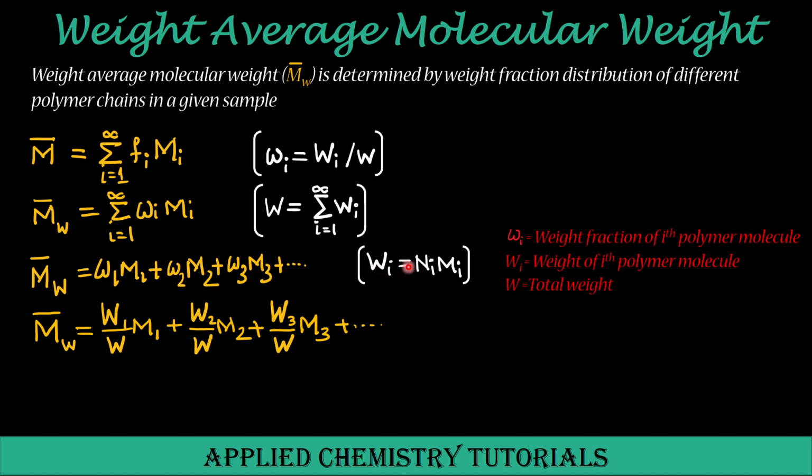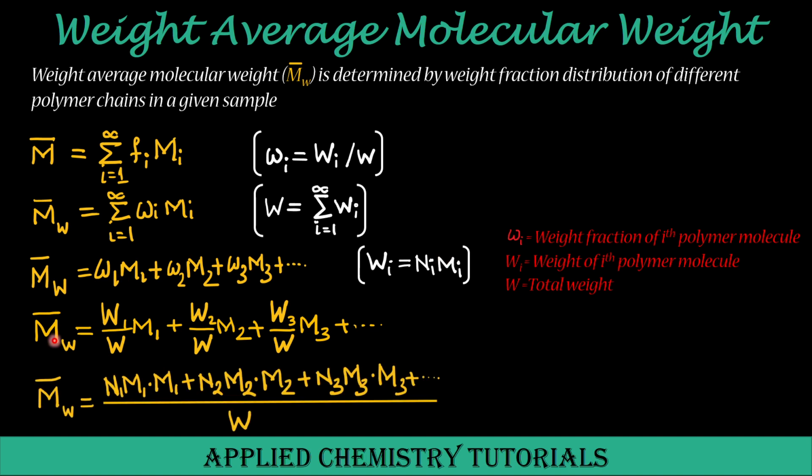Again, capital Wi equals Ni Mi. That means the weight of the ith polymer molecule equals the number of moles of the ith polymer molecule multiplied by the molecular weight of the ith polymer molecule.